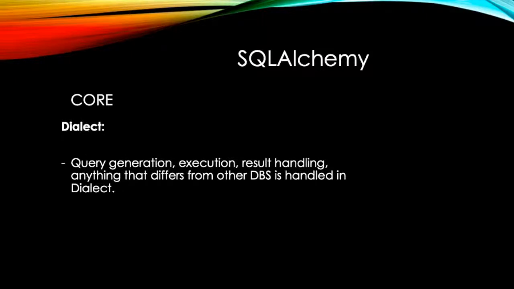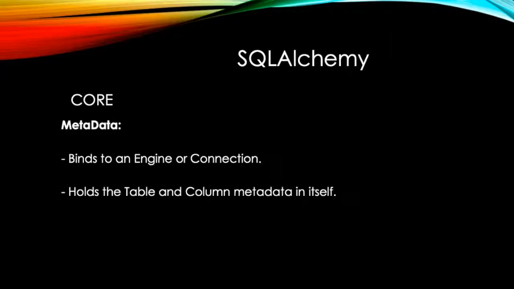Dialect. So dialect is a query generation, execution, result handling stage. So any difference between your databases, if you have different databases, that difference will be handled using dialect. We have metadata.